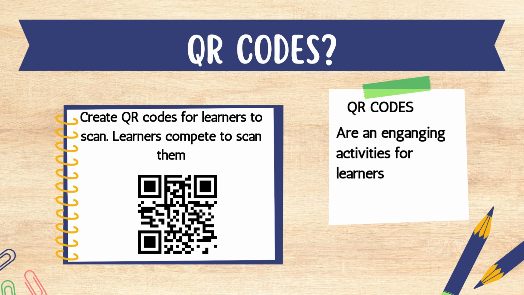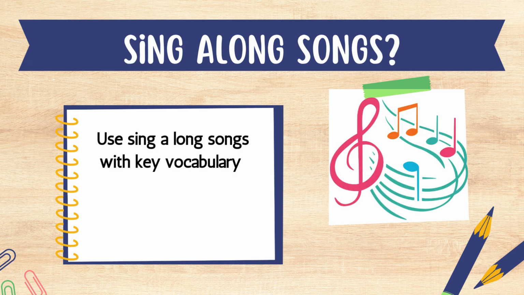I could do a QR code on flags, and the learners have to identify. They scan the QR codes using iPads, and they have to identify which country the flags belong to. This helps learners to keep engaged. It helps the learners to keep on top of the lesson.